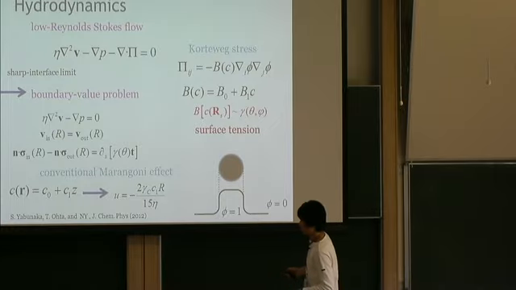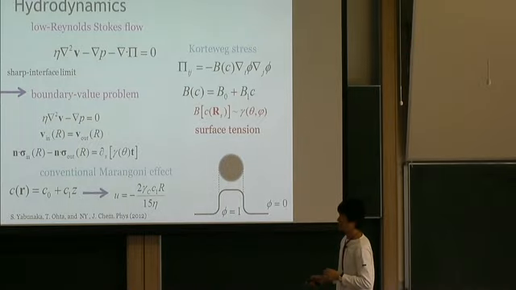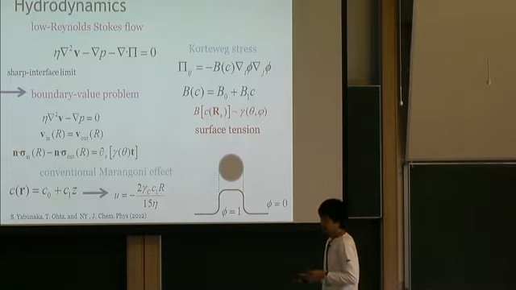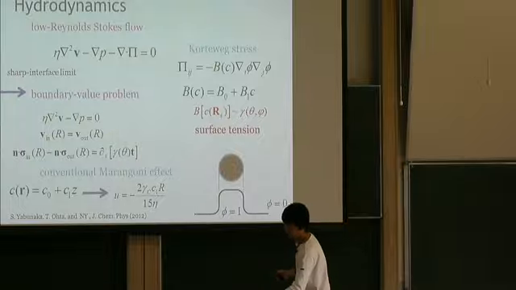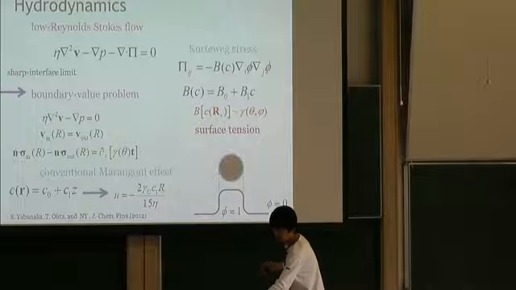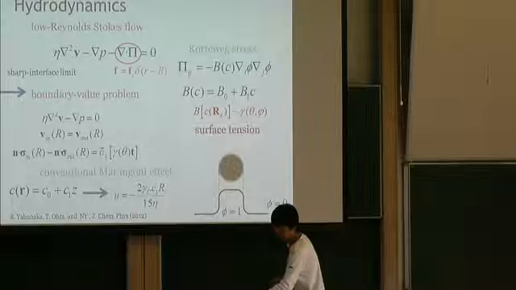And indeed, if you apply it under given linear concentration field, we could solve this kind of problem exactly, and then we come up with exactly the same solution that we could get by solving this conventional boundary value problem for the Marangoni effect.